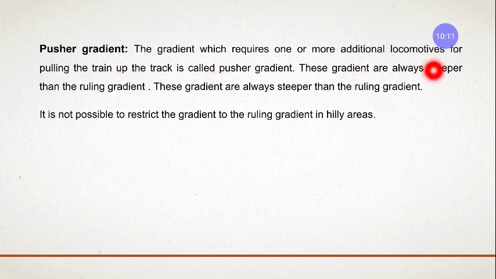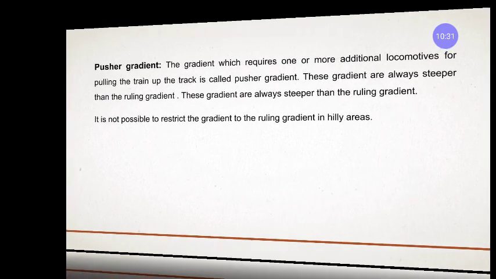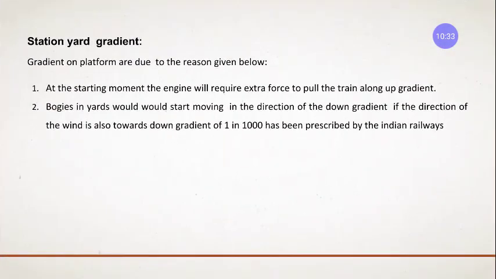These gradients are always steeper than the ruling gradient or maximum gradient, and it is not possible to restrict the gradient to the ruling gradient in the hilly areas. We can't reduce that gradient in the case of hilly areas, right? So you provide that pusher gradient because we require an additional pushing engine.